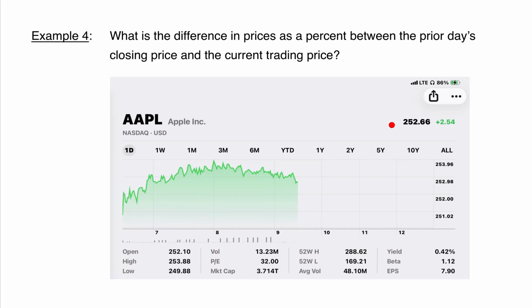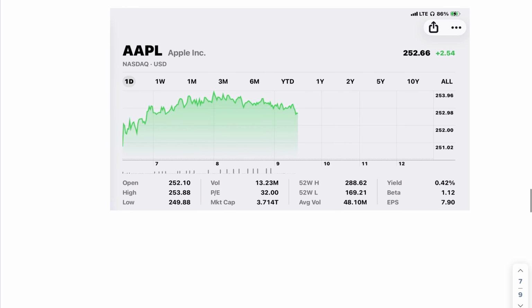This is the current share price at the time that this graph was taken, and the closing price from the prior day was 252.1.